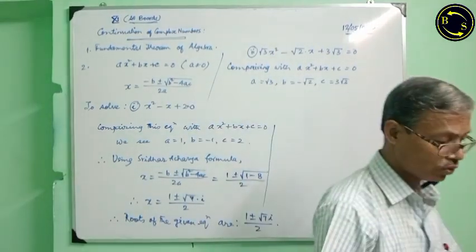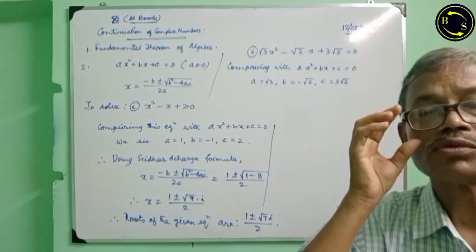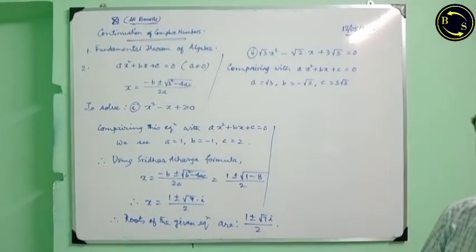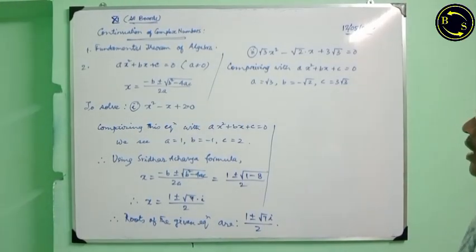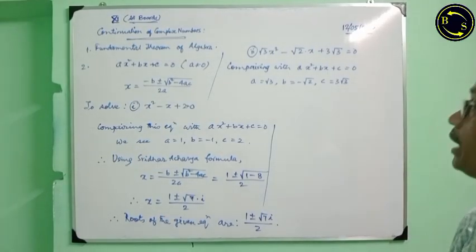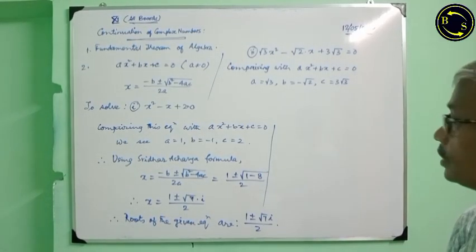Sometimes you need to check whether the roots will be real or complex. And already you have learned earlier that if the discriminant be less than 0, then the roots will be unreal or complex.